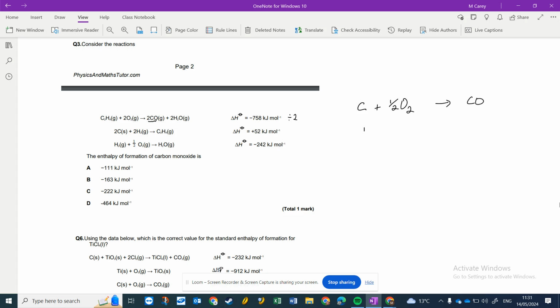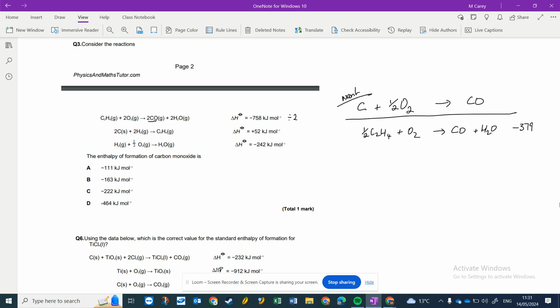So you've got a half C2H4 plus O2 gives you CO plus H2O, and delta H for that is minus 379 kilojoules per mole. What else do we need?